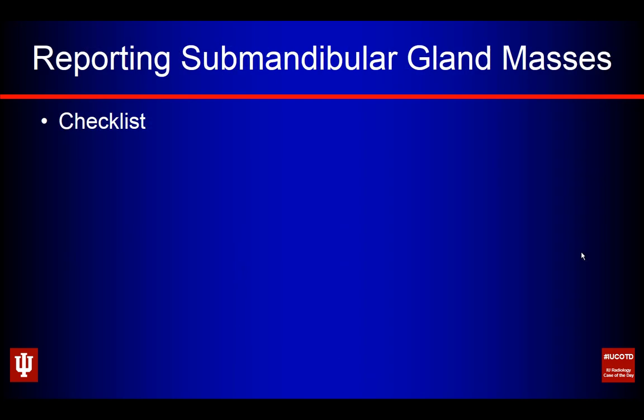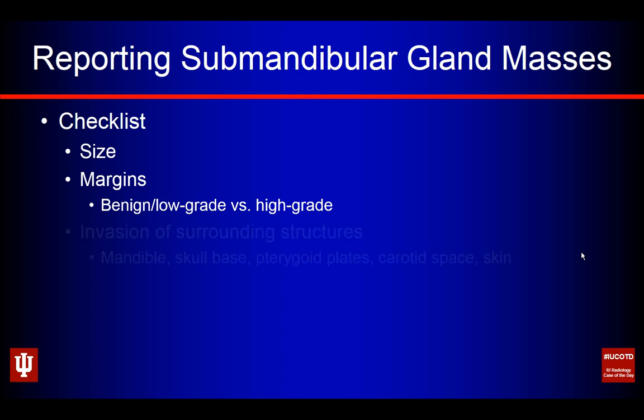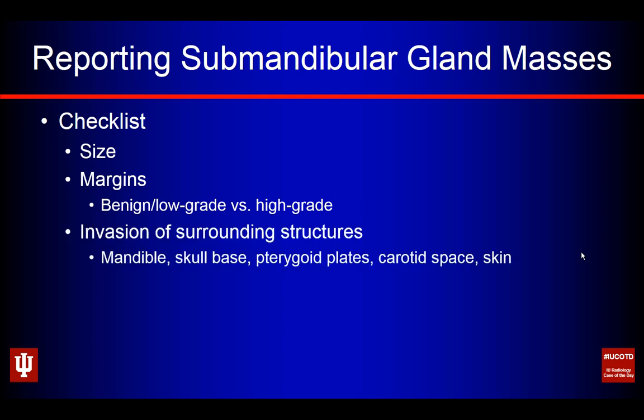And here's my checklist. I, again, take that checklist approach when reporting these submandibular gland masses, just like I do with the parotid masses. What's the size? What do the margins tell you? Are we looking at something that appears to be more on the benign or low grade end of the spectrum, or are we talking about something that looks more high grade? What's it invading? Is it getting into the mandible that sits right next to it?